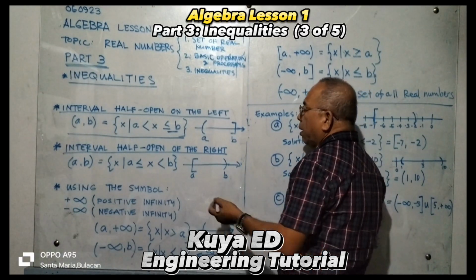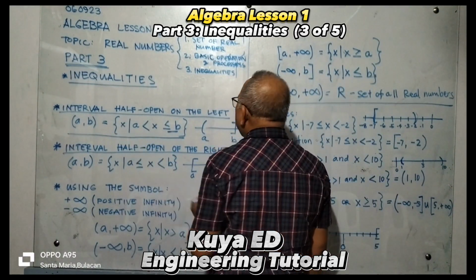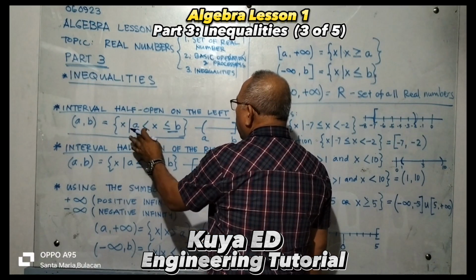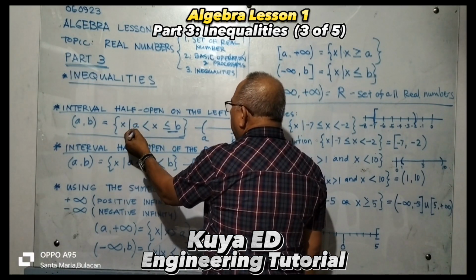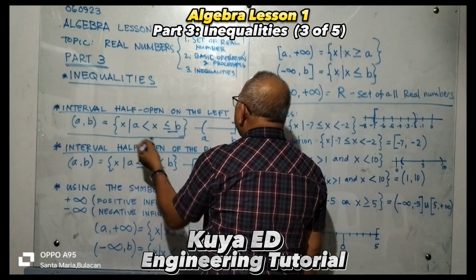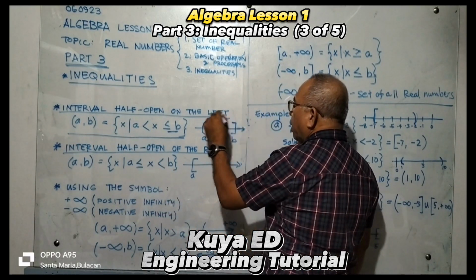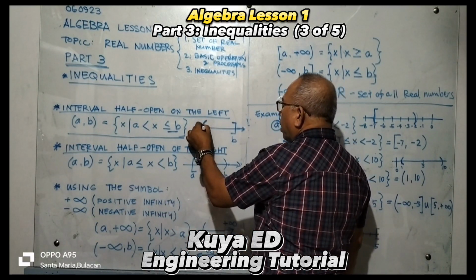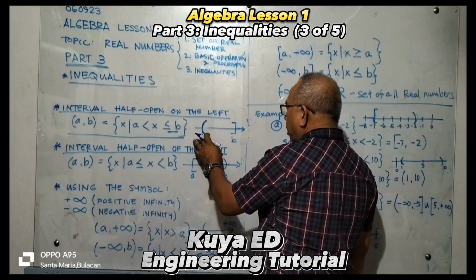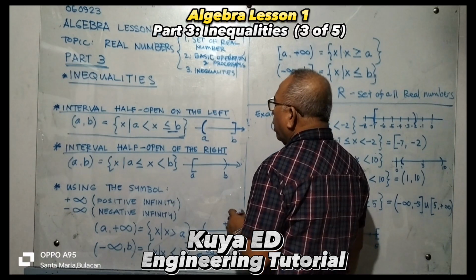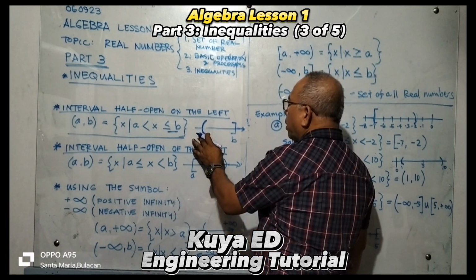Whereas, yung A natin, as we consider the variable X here, ang A natin is parenthesis, meaning to say, this is open.